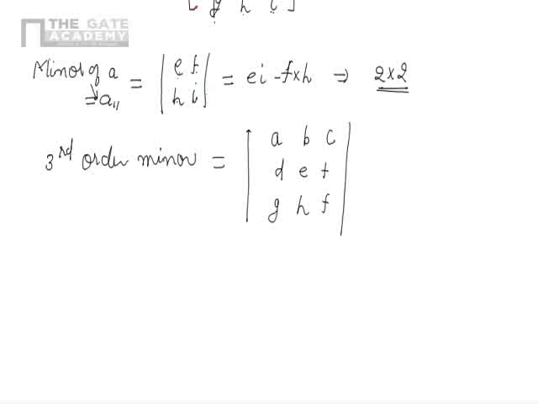If I am taking any matrix of order 3 by 3, then I can have a subset of this matrix, and with respect to minor we always take the determinant. So one determinant can be obtained without deleting any rows and any columns. Then the second order minor.